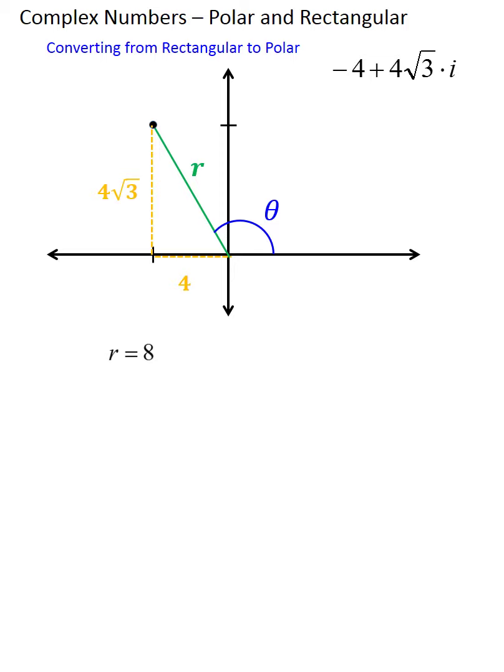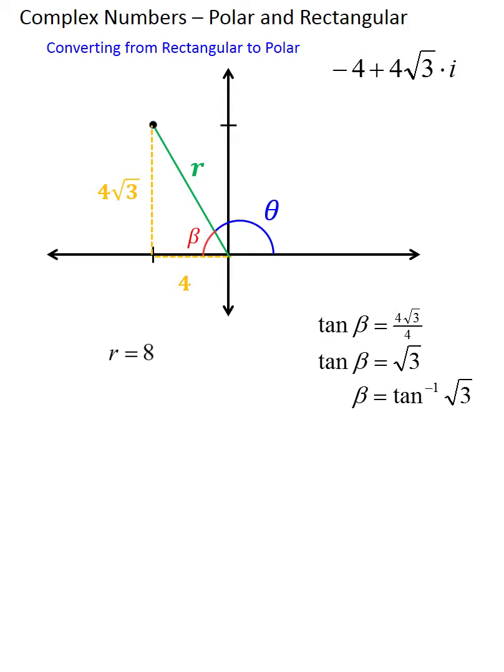Now, in order to find theta, it might be easier if we found this angle first, call it beta. If I can find beta, then I can find theta, and beta is easier to find because it's inside of a triangle with known lengths. So I can set up an equation to find beta, just like you would in normal basic trigonometry.